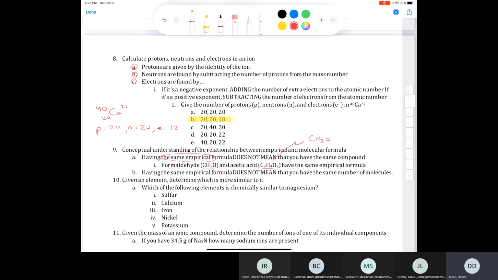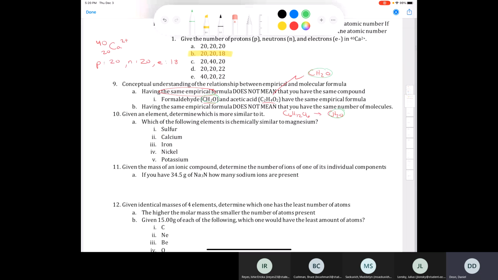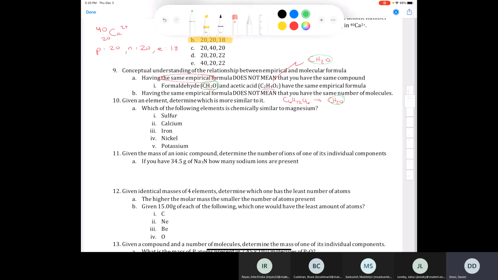I'll give you another one. What about glucose? C6H12O6. It also has an empirical formula of CH2O. Okay, all of these have the same empirical formula, but they're all different compounds: acetic acid, formaldehyde, and glucose. Having the same empirical formula doesn't mean you have the same number of molecules, does it? All right, so something to think about, and let's move on to the next point, which is number 10.